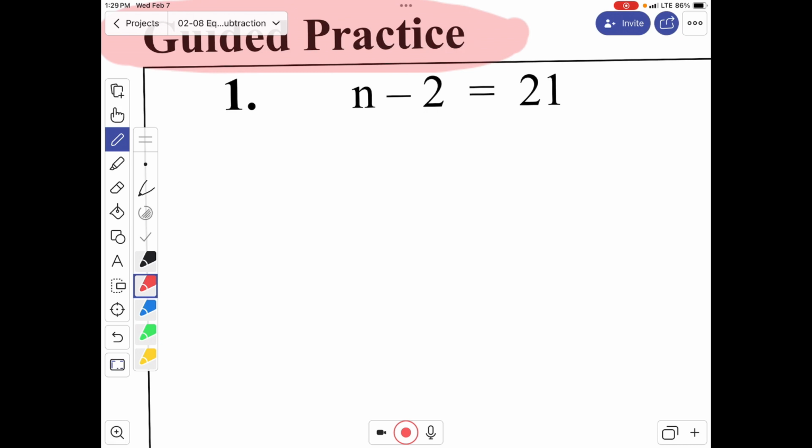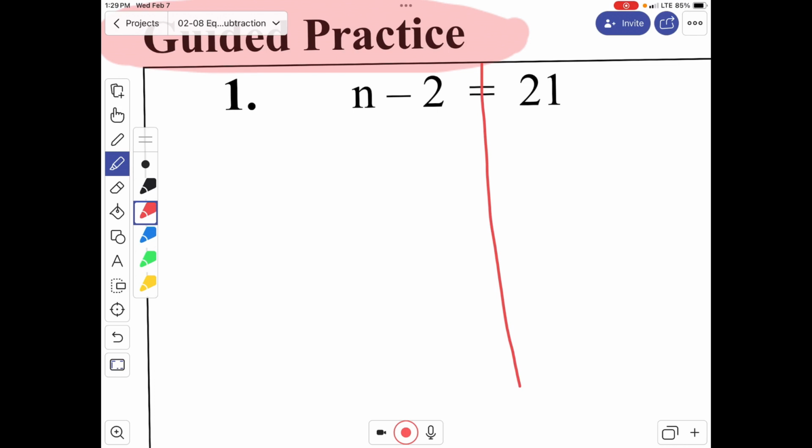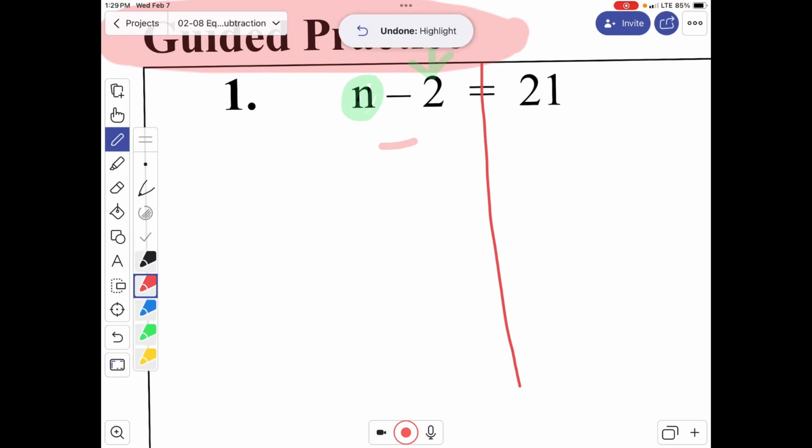Number 1, first thing I did was draw the wall. And then find the variable. So we need to get rid of minus 2. The opposite of minus 2 is plus 2. And I know right now you're thinking, oh, I could just do this in my head. Be sure to show the steps because these are the baby steps.